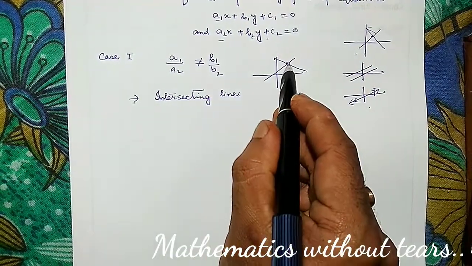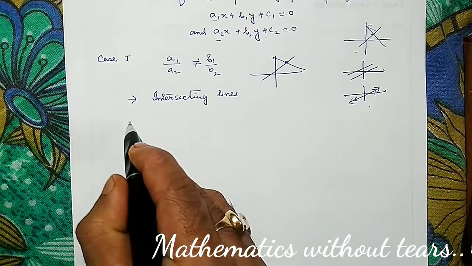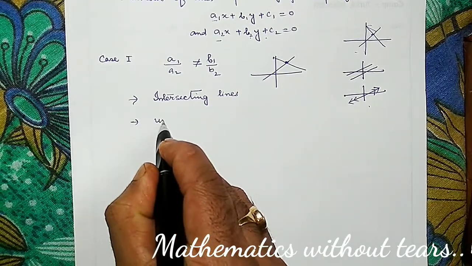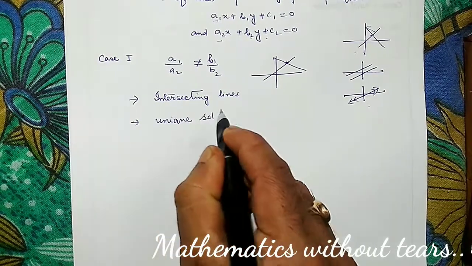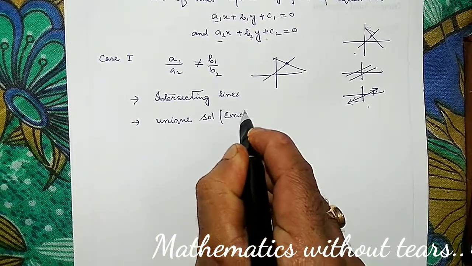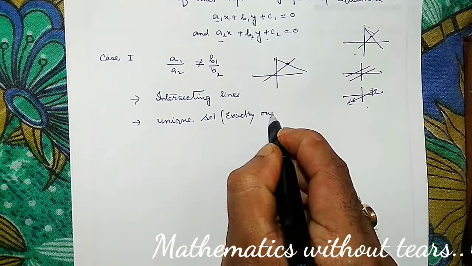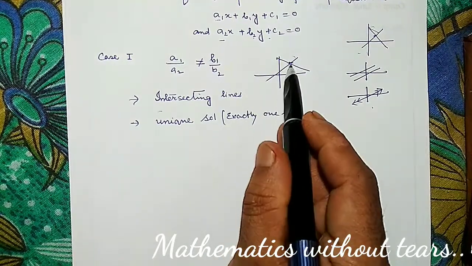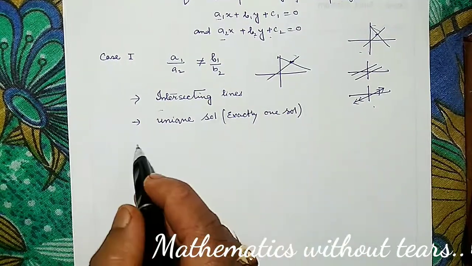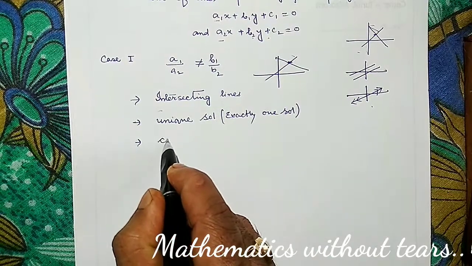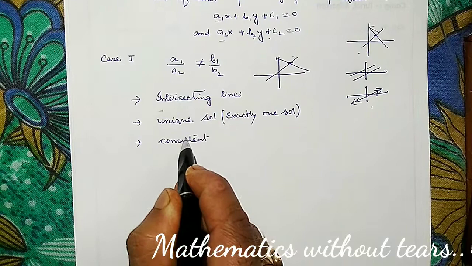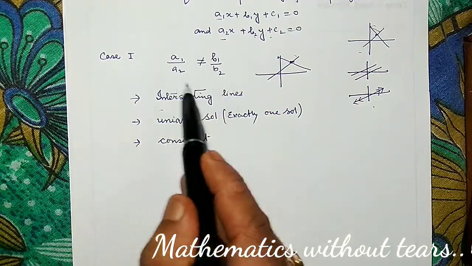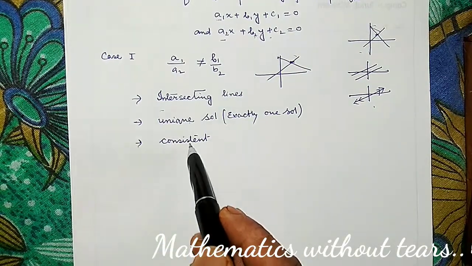And since they meet at a point, it will have a unique solution, meaning exactly one solution. And since we get at least one solution, we use the term consistent. Clear? So by seeing this condition only, we can conclude these three.